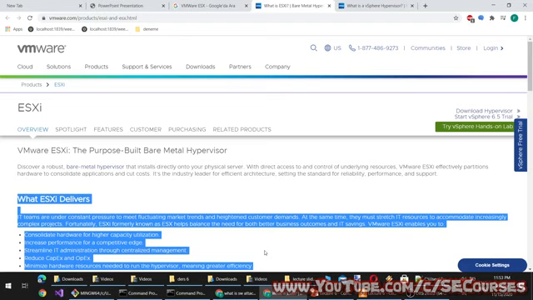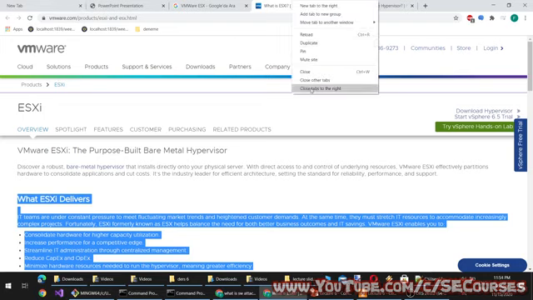VMware ESXi enables you to consolidate hardware for higher capacity utilization, increase performance for a competitive edge, streamline IT administration through centralized management, reduce CapEx and OpEx, and minimize hardware resources needed to run the hypervisor, meaning greater efficiency.